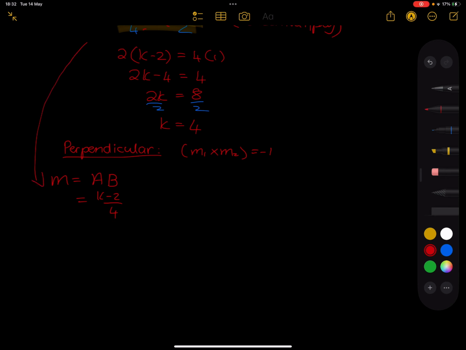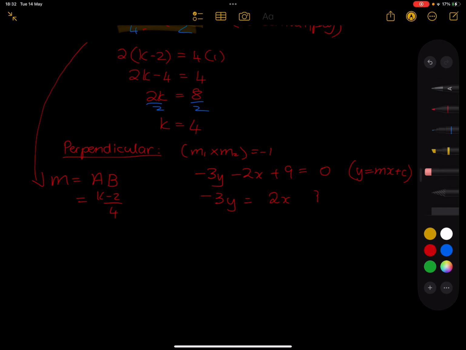Now you have the other line, minus 3y minus 2x plus 9 is equal to 0. You must write it now in the form y equals mx plus c. So minus 3y is then equal to 2x plus, now minus 9.